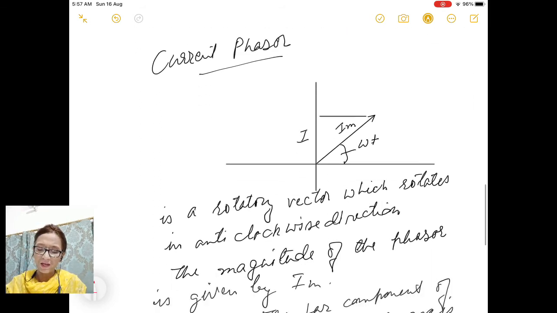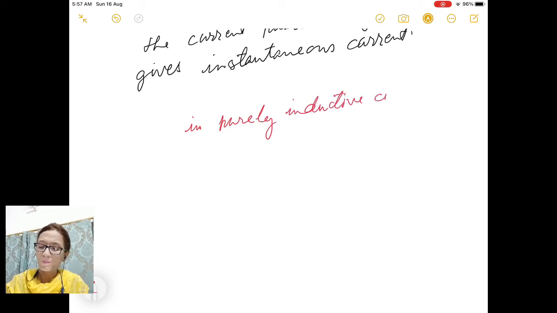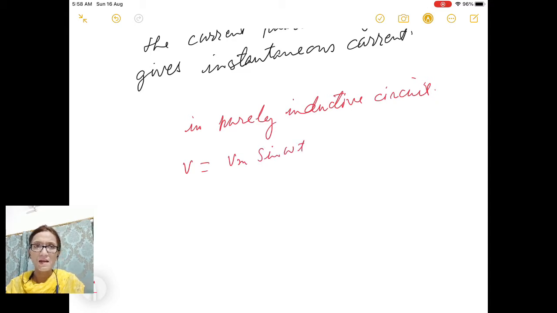Now when you take a purely inductive circuit, you have instantaneous voltage given by Vm sine omega t, and as we obtained, the instantaneous current lags behind in phase with the voltage.